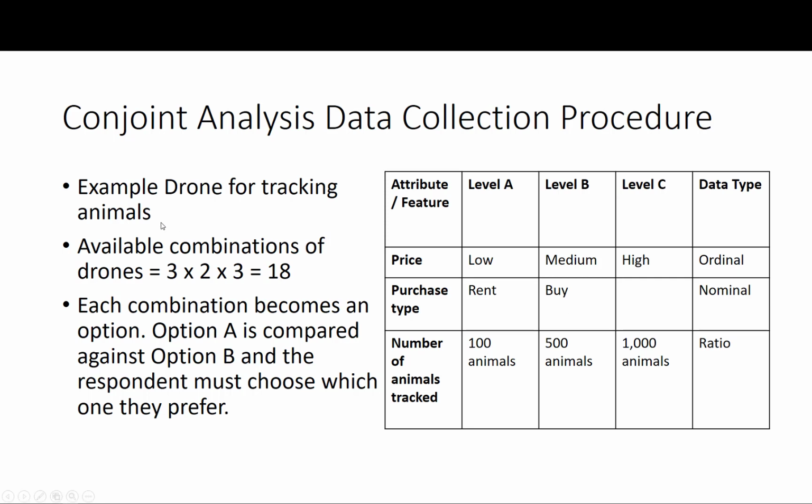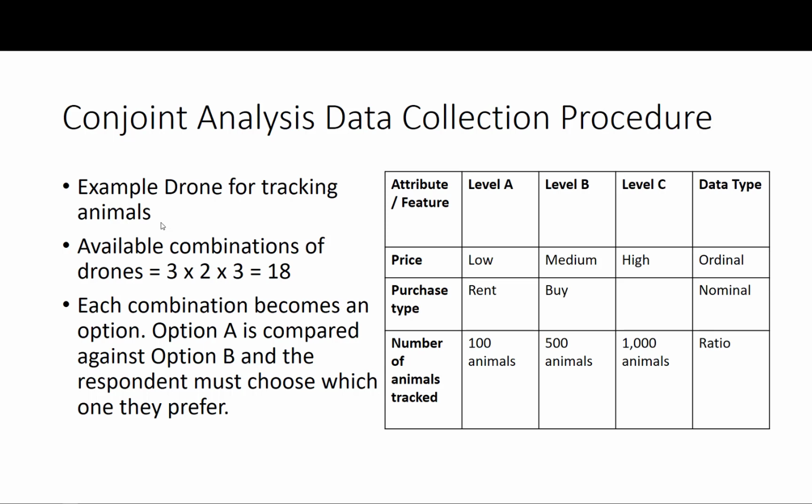So this is from a previous project, but we had a project looking at drones that were used for tracking animals on farms and in research projects that were interested in wild animals.